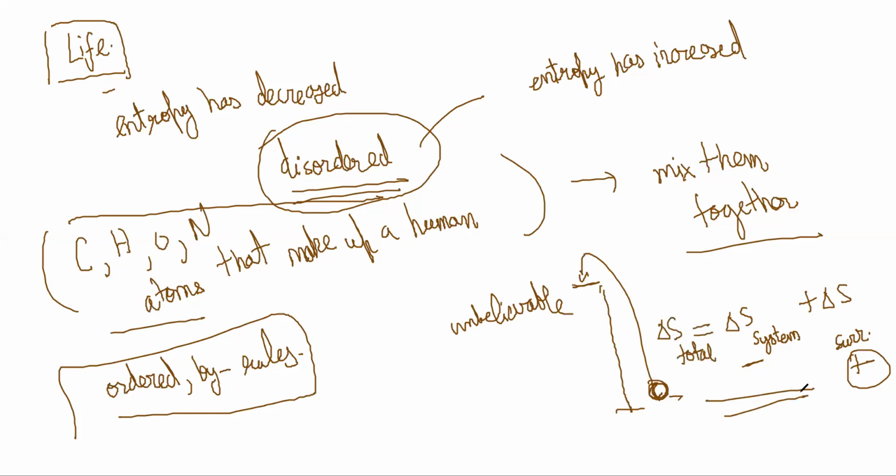You can think of many ways in which humans destroy the surroundings and cause a lot of entropy in the surroundings. Human existence has been bad for the surroundings in the sense that disorder is increasing. So the second law of thermodynamics is always true, and people have done calculations.